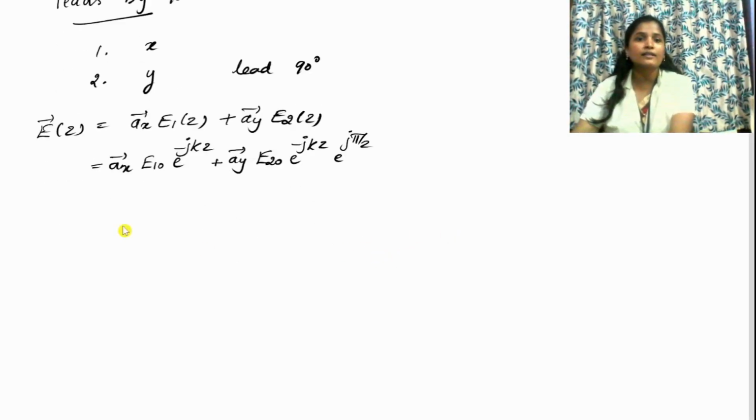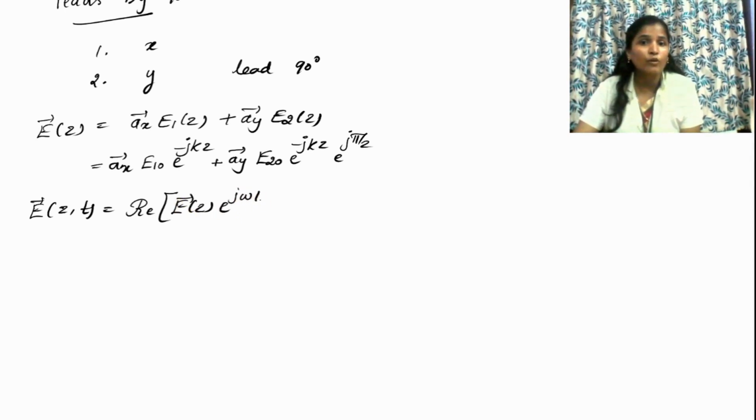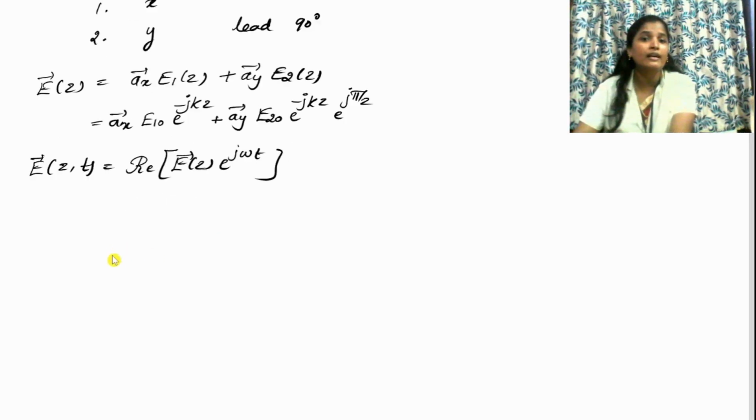With this we'll find the instantaneous expression. It is very simple, taking the real part of E of z into e power j omega t. The steps are very similar to the previous case, so you can do it by yourself.